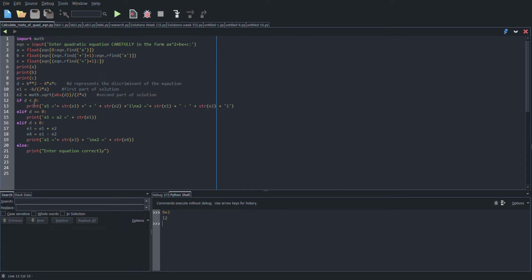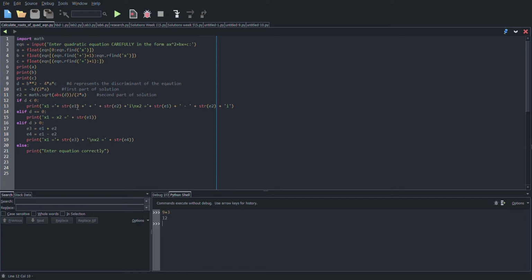If the number under the square root sign is negative, then the square root of a negative number would be a complex number, right? So it would be something root i. So basically you print out this statement. If d was less than 0, it prints out the characters x1 equal to, so it just says a statement, x1 equal to, then plus is just for Python to understand.